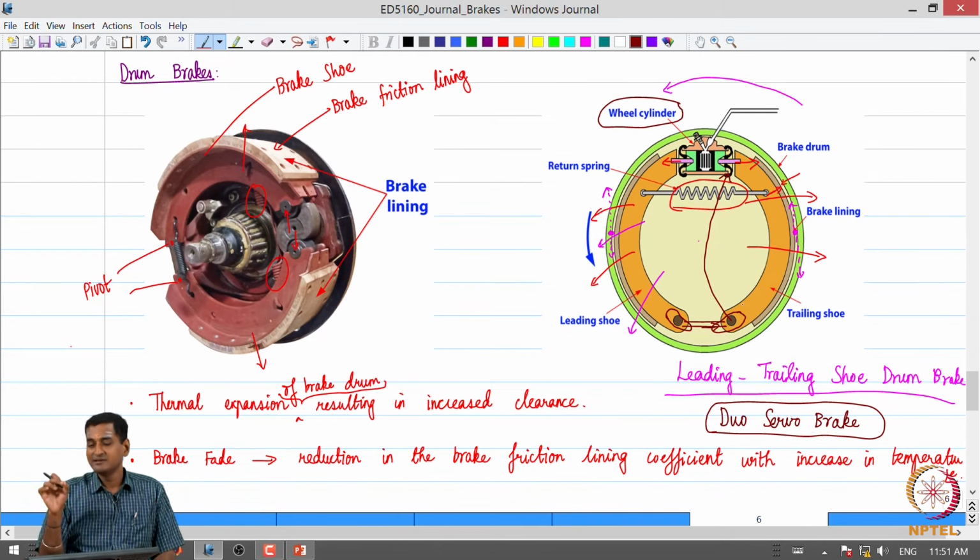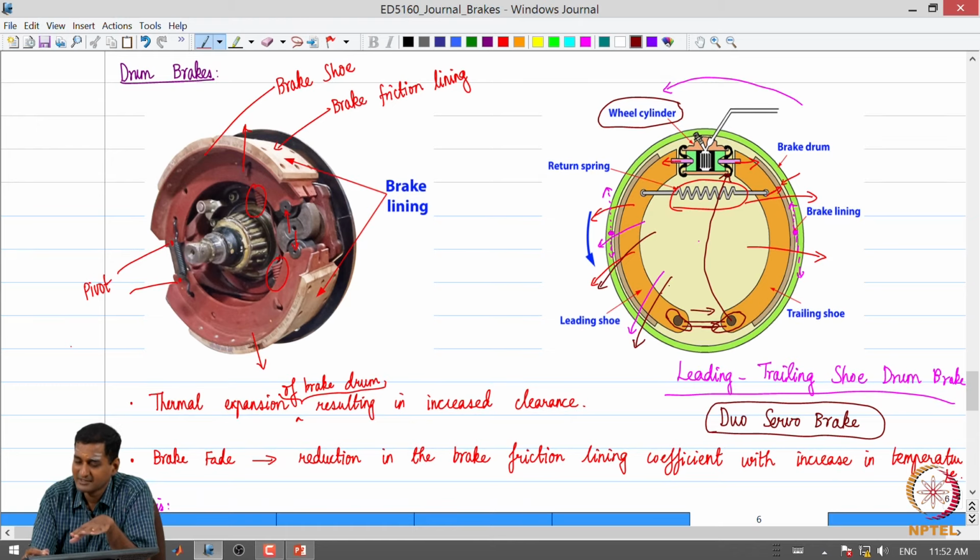When this happens, the two brake shoes are now connected through a link, which is the adjustment mechanism. In the duo servo brake, when the brake is applied, the leading shoe is pulled into the drum due to self-energization.